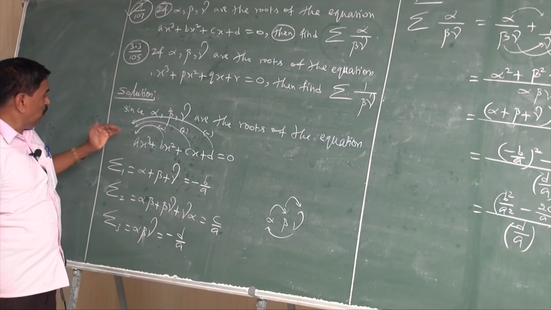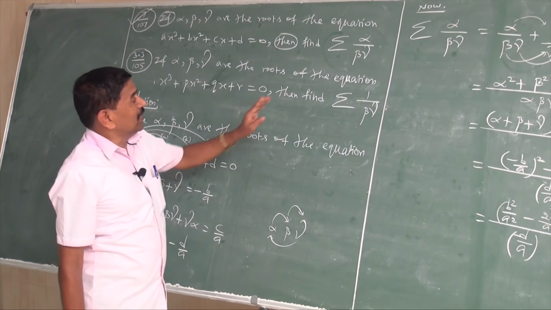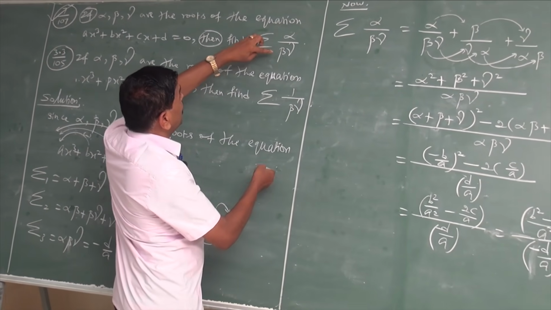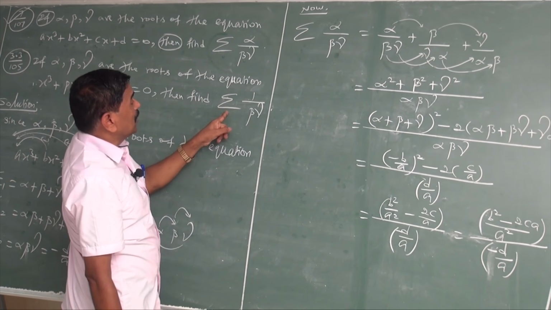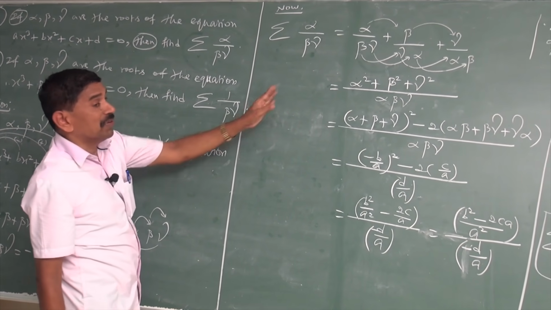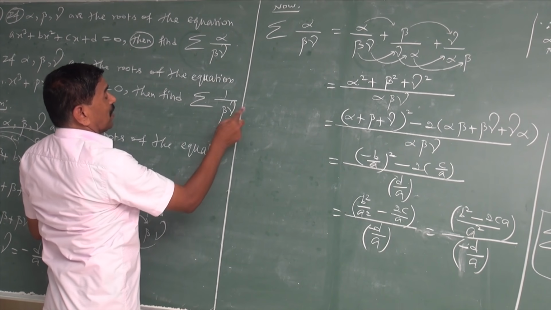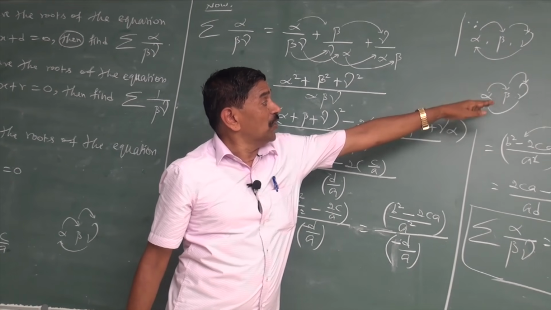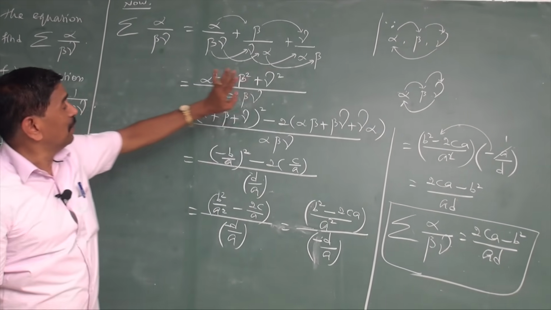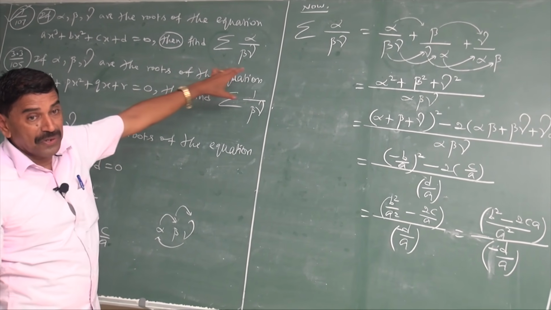Here similarly you find sigma 1, sigma 2, sigma 3 and do the same calculation, but the difference between these two questions is that here the denominator is beta gamma but the numerator is alpha only. Now sigma 1 by beta gamma is the sum of 3 terms, that is 1 by beta gamma, then in cyclic order: alpha to beta, beta to gamma, gamma to alpha. Similarly, we can solve this example 3. So example 3 is left for you as homework.